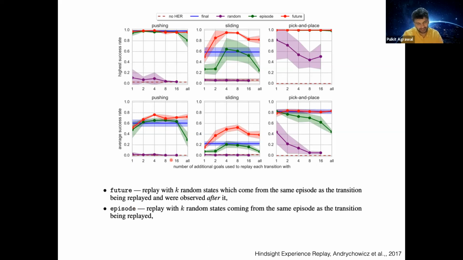So there are others, so you can look at the details, but it turns out the strategy which works best is the future strategy, which says, let me pick a goal which is k steps in the future. That instead of just choosing the last state as my goal to relabel, I can say something which is k steps in the future is a good goal. So that strategy works quite well.